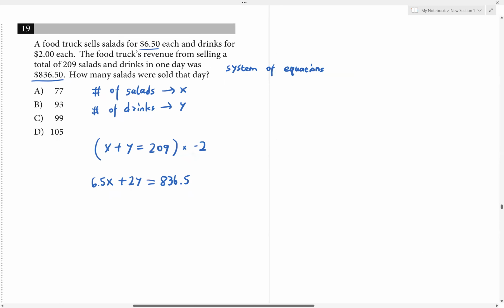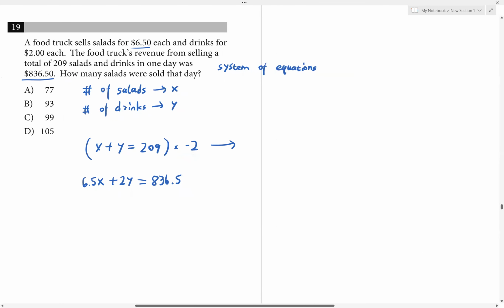If you do that, we have to multiply everything by -2, distributing to all the terms. So -2 times X is -2X, -2 times Y is -2Y, equal to 209 times -2, which in the calculator is -418.